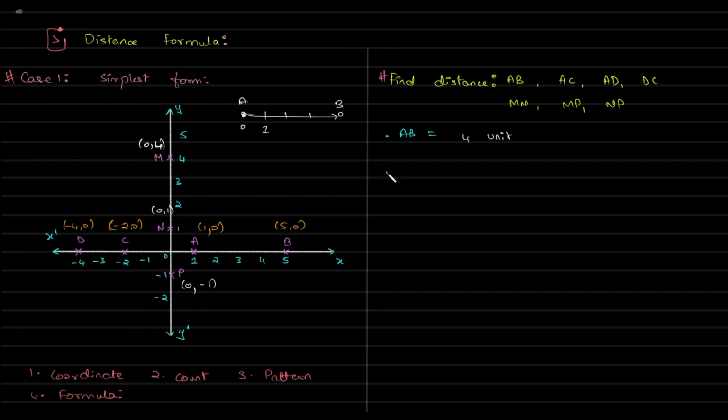So similarly, find A to C. Counting 1, 2, and 3 units, and you are there. Then AD, 1, 2, 3, 4, 5, 5 units.